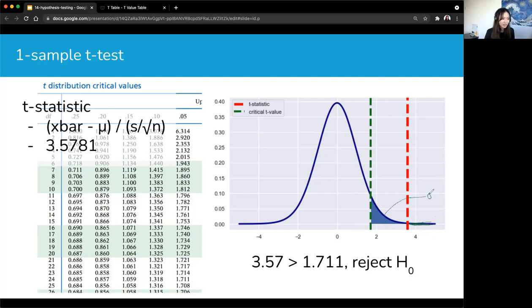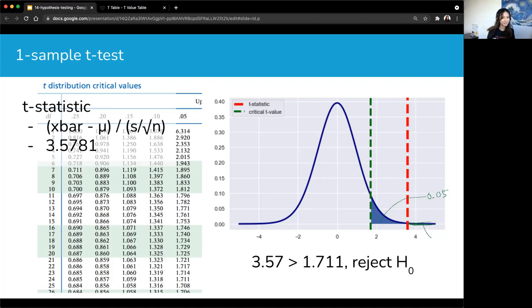Because if this area is 0.05, this area is definitely smaller than 0.05. So the probability of that just occurring by chance is very, very low, and that gives us more confidence that this training has had an effect on the sales force.